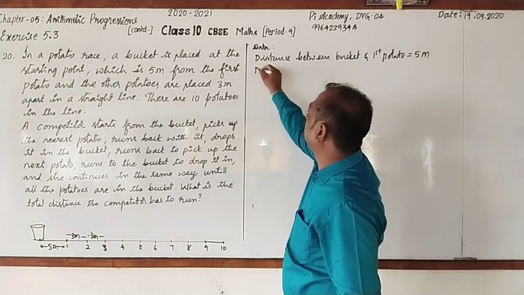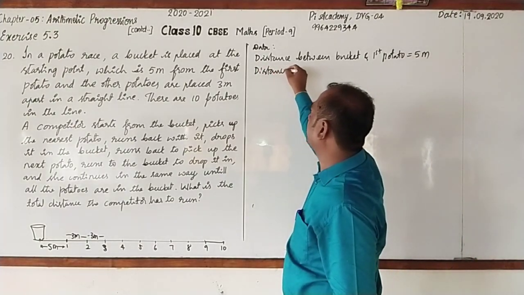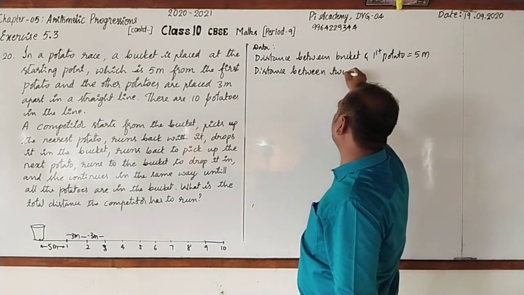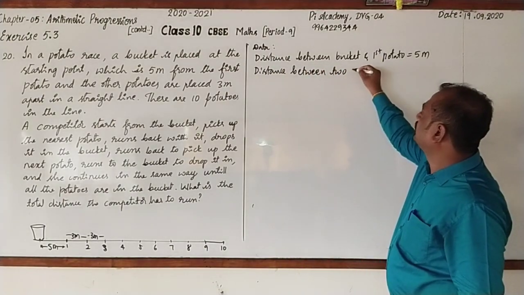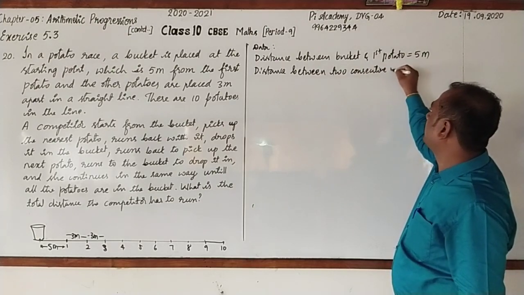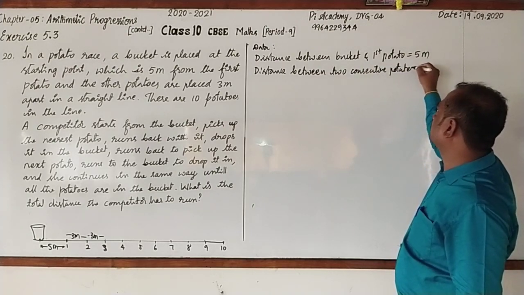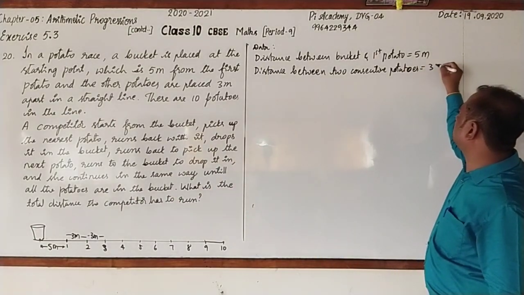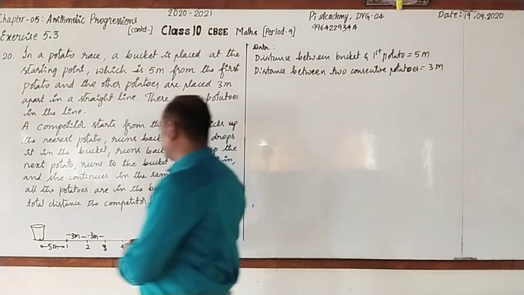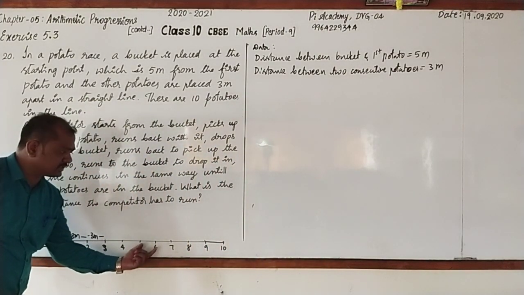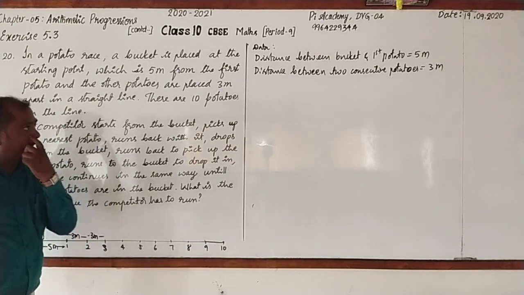And distance between two consecutive potatoes, how much? 3 meter. Any two consecutive potatoes, either first and second, second and third, third and fourth, fourth and fifth, fifth and sixth, like that, up to 10.